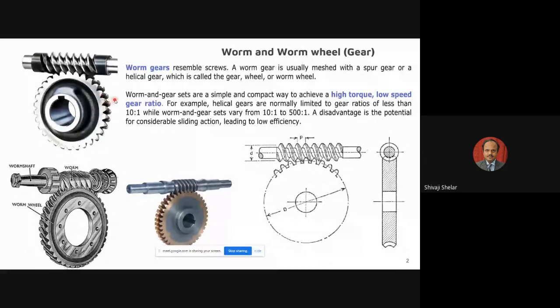Normally these teeth are spur in nature, but the top surface of the tooth is not a plane surface. Normally it is a plane and straight surface in case of spur gear, bevel gear, as well as helical gear. But here the top surface has some concavity.